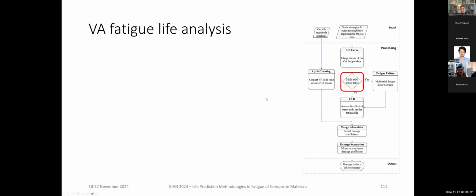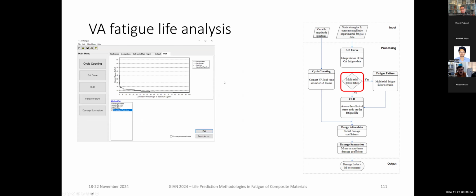And this can be done for the on-axis case, where you use the constant amplitude fatigue data for 0 degrees and you predict the variable amplitude fatigue data for 0 degrees. But then you can assume multi-axial stress states where you use the 0 degrees data for constant amplitude, and you predict the fatigue data for variable amplitude and other fiber orientations.